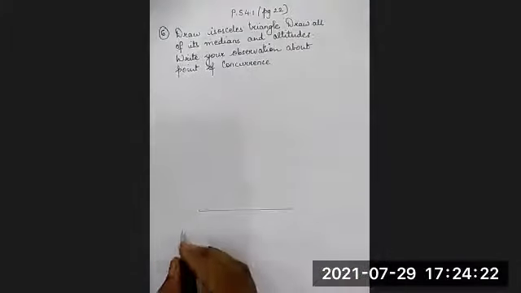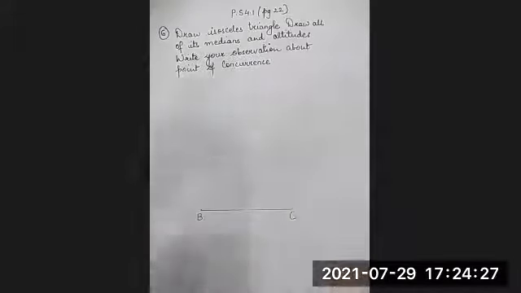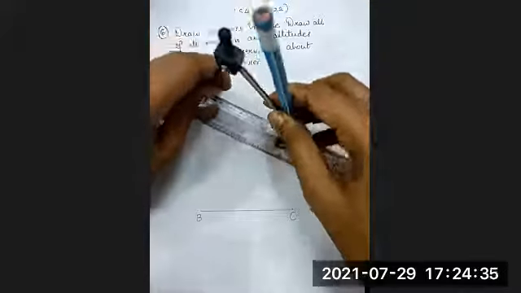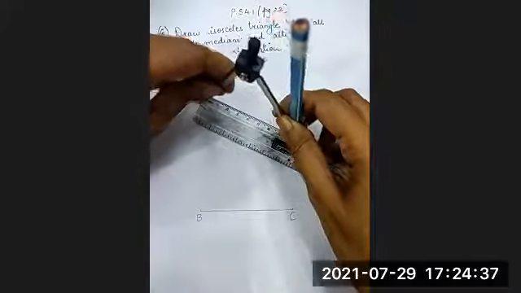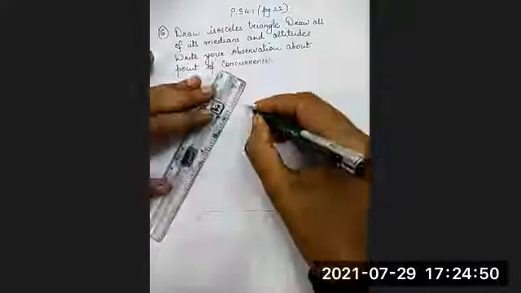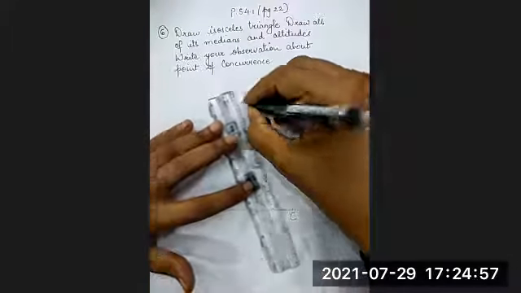Name is not given, so we can give our own names. I'm giving it B and C. Now the two equal sides, I'm going to take 10 centimeters. Keep it on point B, make an arc. From C, again the same distance, make an arc. So you get the point of intersection, name it as A. Then join AB and AC.